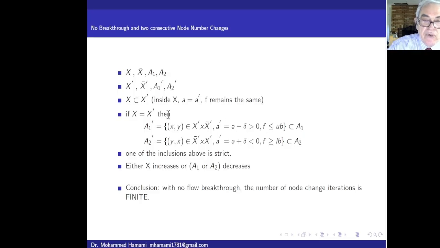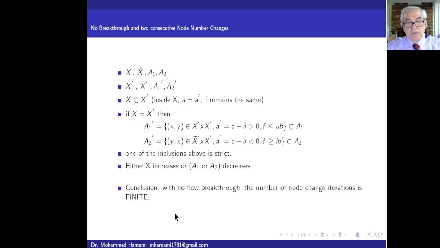And then the next iteration will take one arc off A1 prime or one arc off A2 prime. And of course, these are finite sets, so this cannot go on forever. So the rule: either X increases in size, and that has to stop after a finite number of iterations, or A1 or A2 decreases, and that cannot go on forever either.